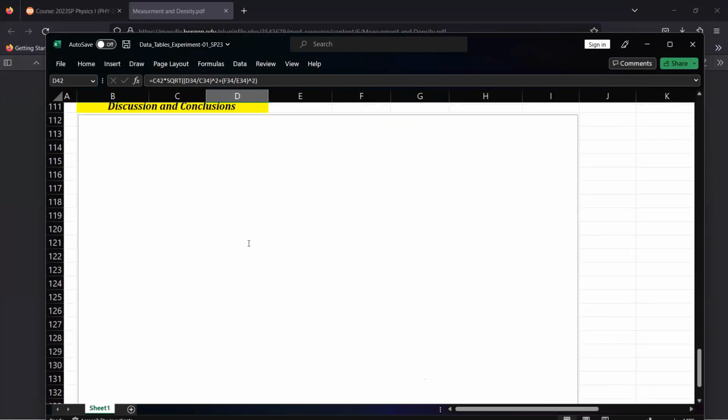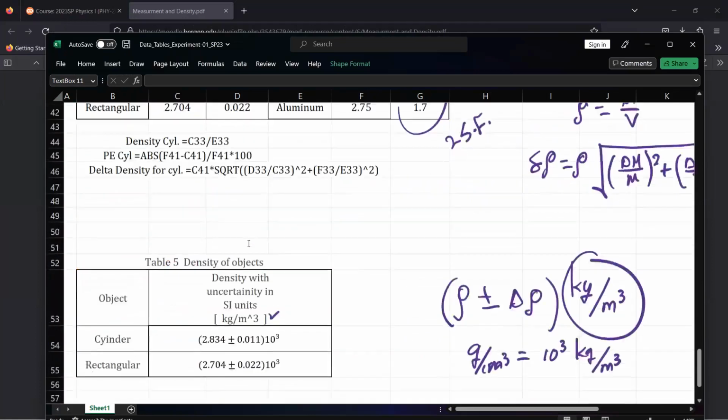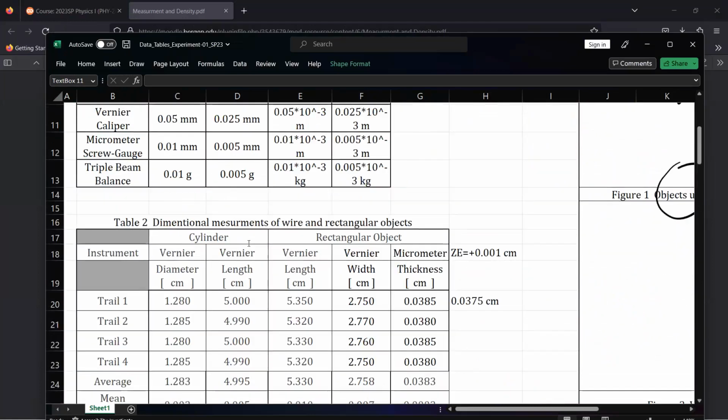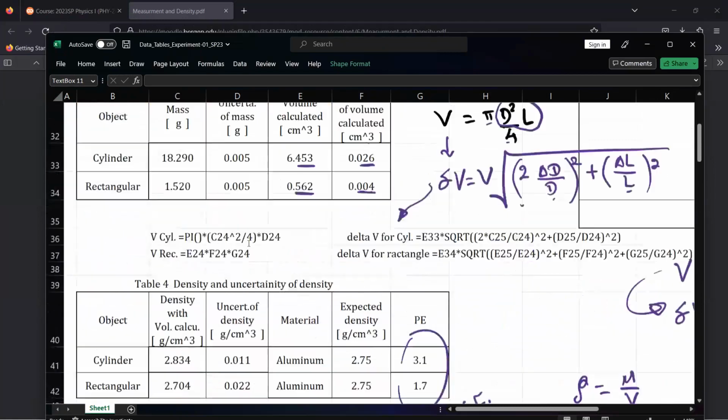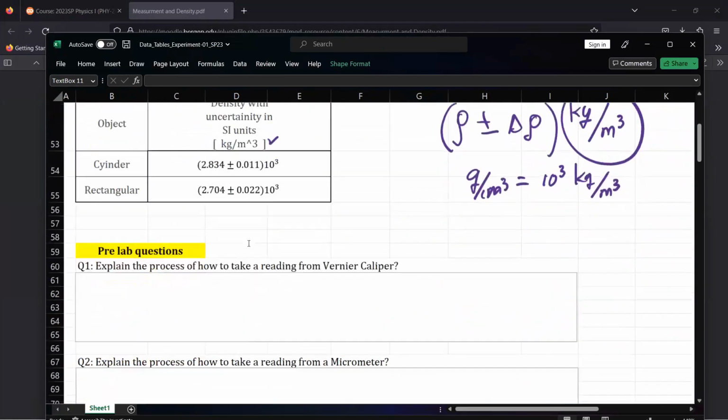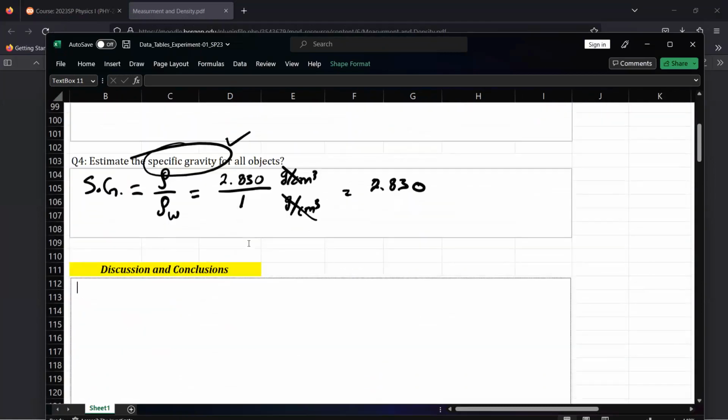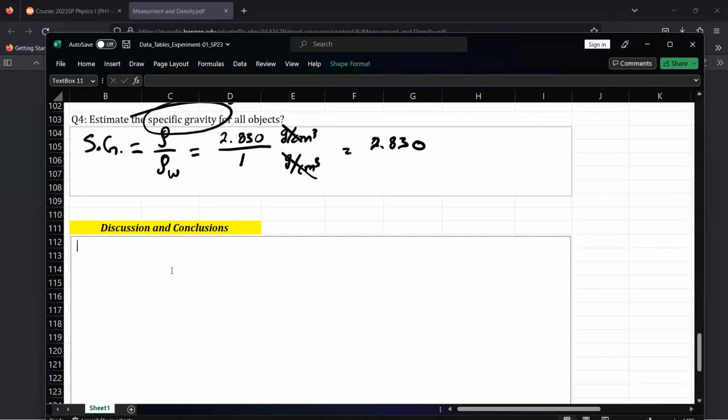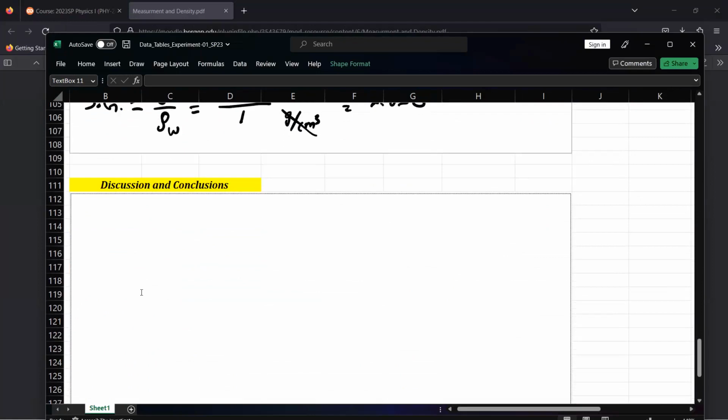Then here in the discussion, you need to write a discussion, which means you have to discuss each table. A small paragraph, since we had 4 or 5 tables basically, just a couple of sentences for each table.